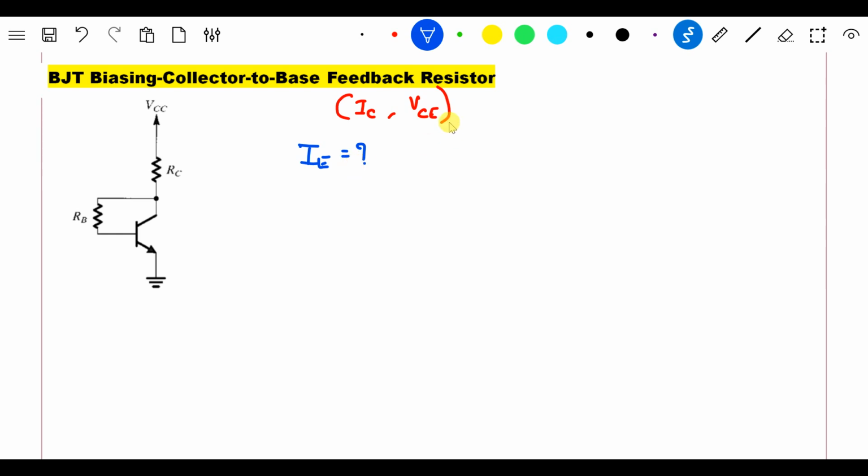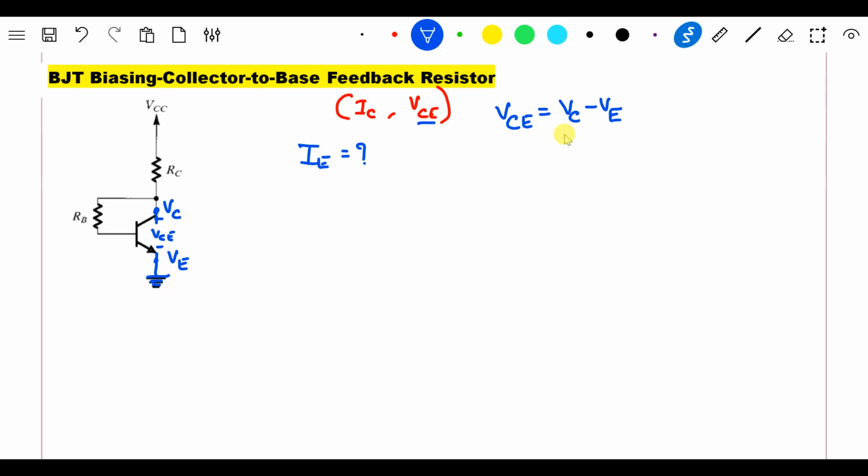Before that, let me tell what VC is. In the previous video I already told you that VCE is the voltage between collector and emitter. So therefore I can say VCE equals VC minus VE. Now if you carefully observe the circuit, what is VE? The emitter is directly connected to ground.